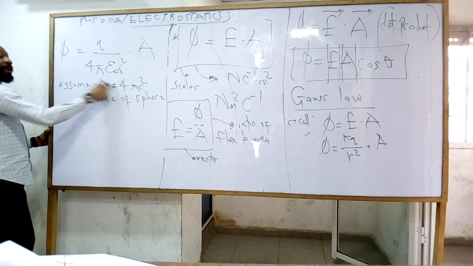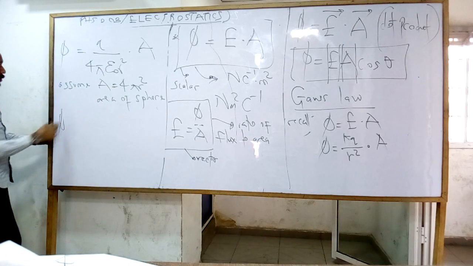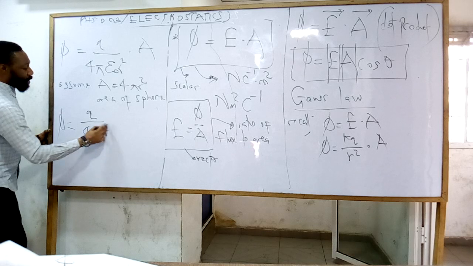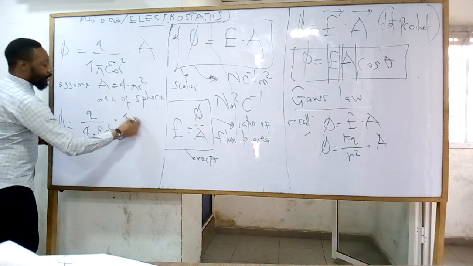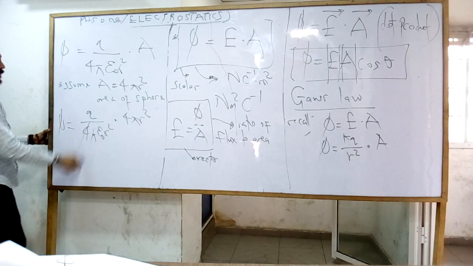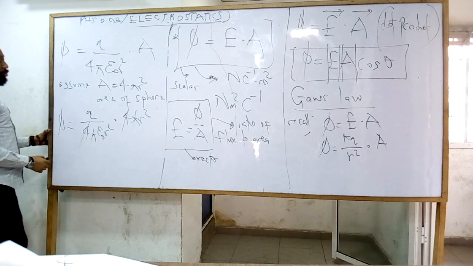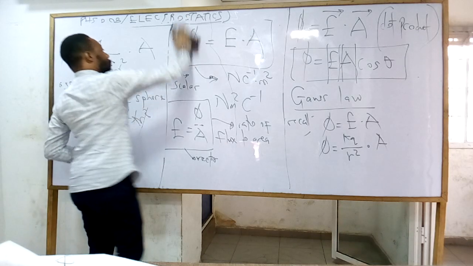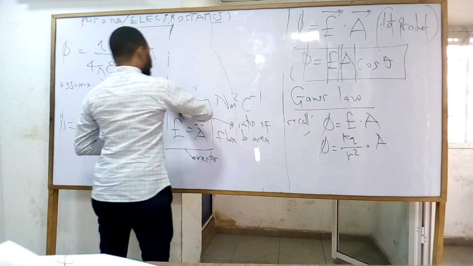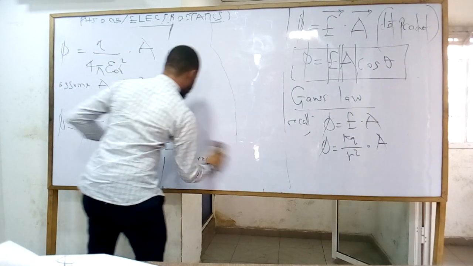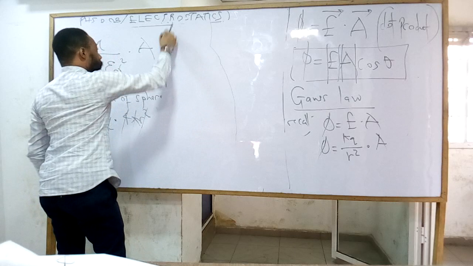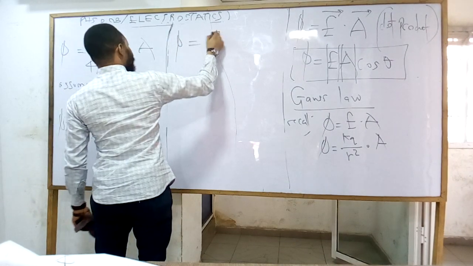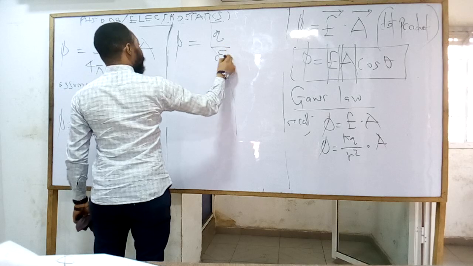So my flux becomes Q over 4 pi E naught R squared times 4 pi R squared. So these guys are out. What is left is flux equals charge over E naught.